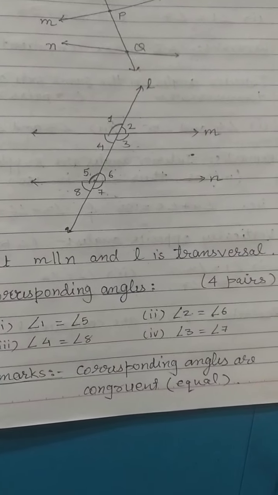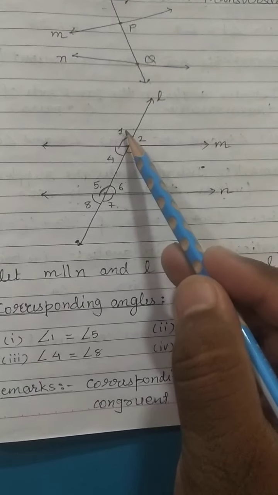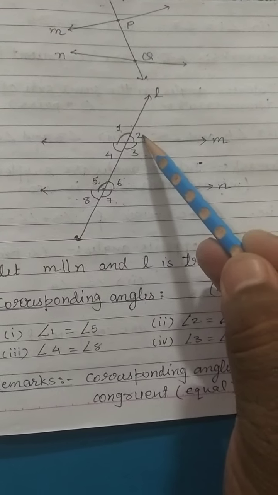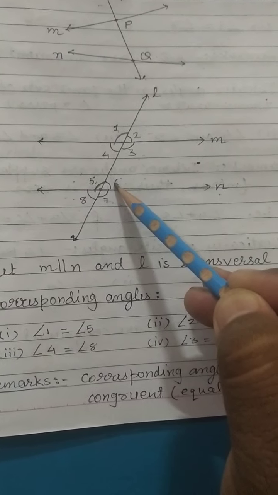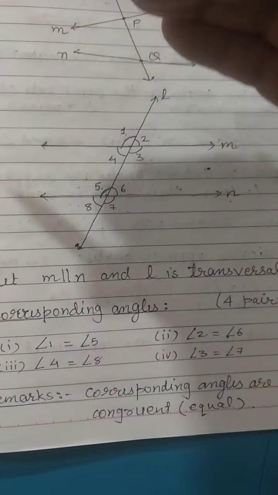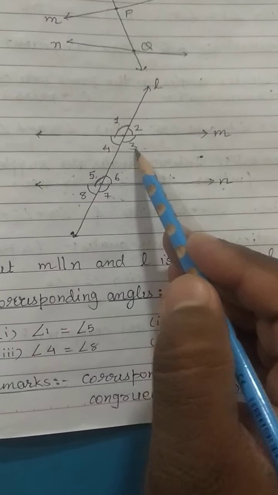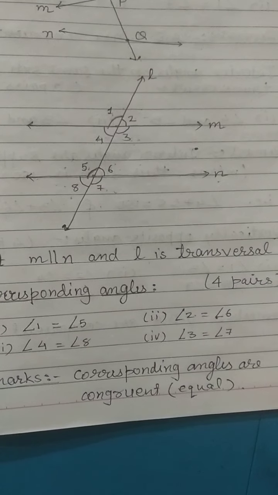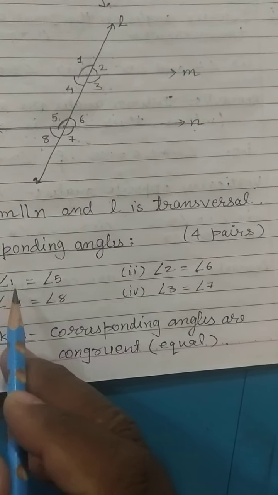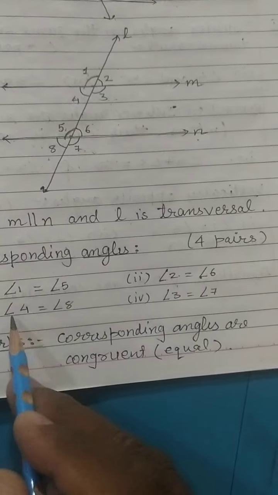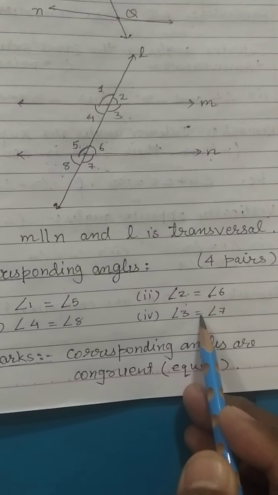So four pairs are formed here. Angle 1, angle 5, angle 2, angle 6 are on the upper side of the line, and angle 4 and angle 8, angle 3 and angle 7 are on the lower half of the line, right? So 1, 2, 3, 4 pairs we have obtained.